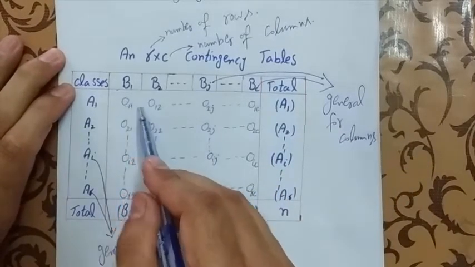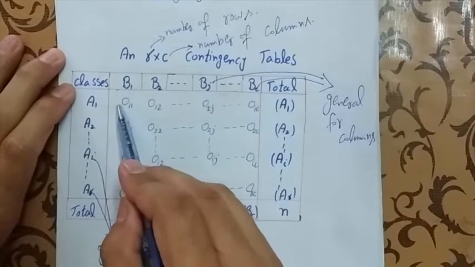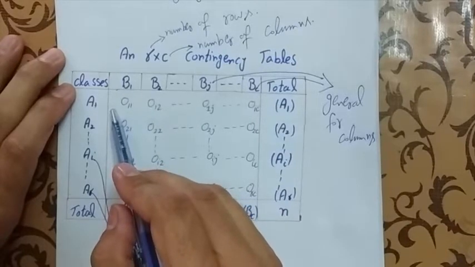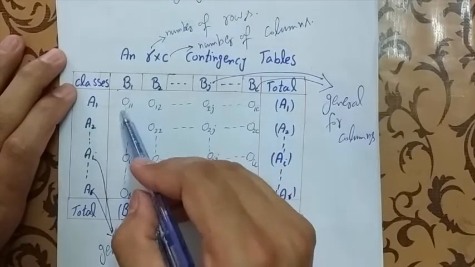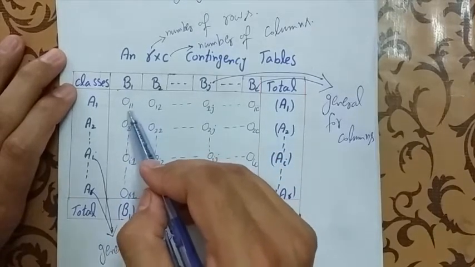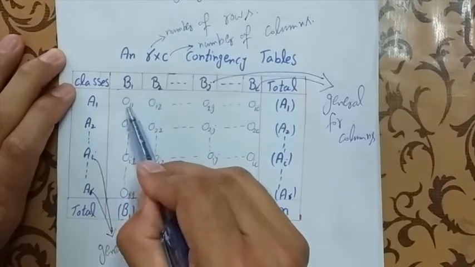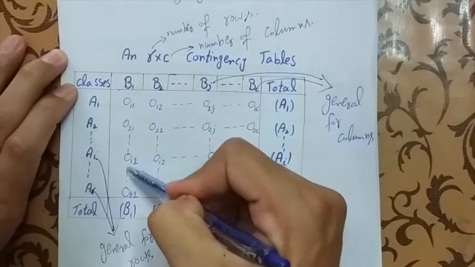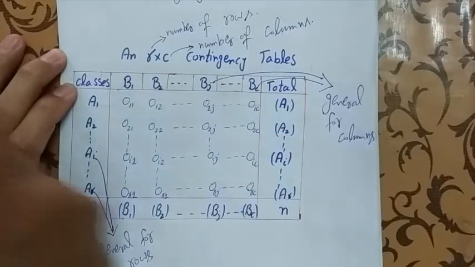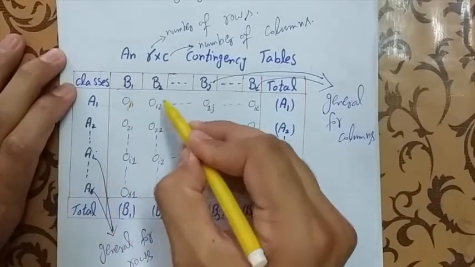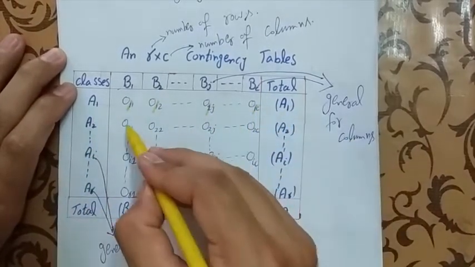These are the observed frequencies. This shows O11. O stands for the observed frequency, and the first subscript shows the row and the second one shows the column. Here this one and this one show the first row.